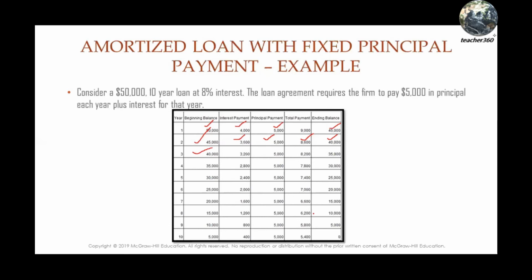If you calculate this way, at the end of your loan agreement, you will see that your total ending balance will be 0. So the main purpose of loan amortization is to reduce the pressure on borrowers and on the lender.